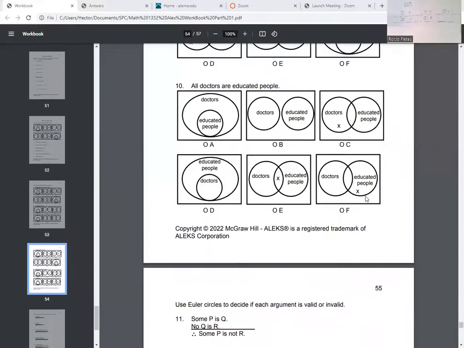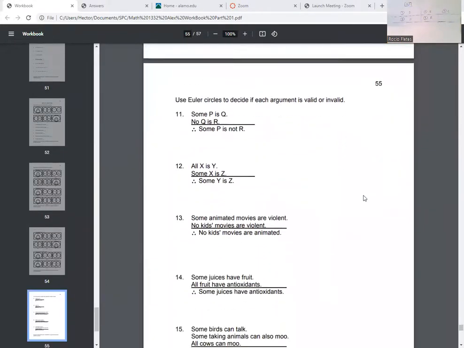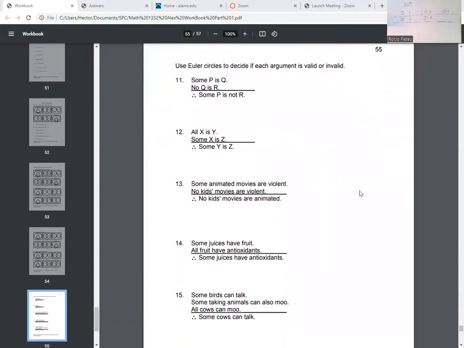So the next type of problem, I'm gonna go to the actual arguments written. So remember when I was explaining to you, usually we have 2 premises, sometimes 3, but 11, for example, has 2 premises. Some P is Q and no Q is R. So we're gonna draw the Venn diagrams based on the premises, and then we're gonna draw the different cases for the premises.